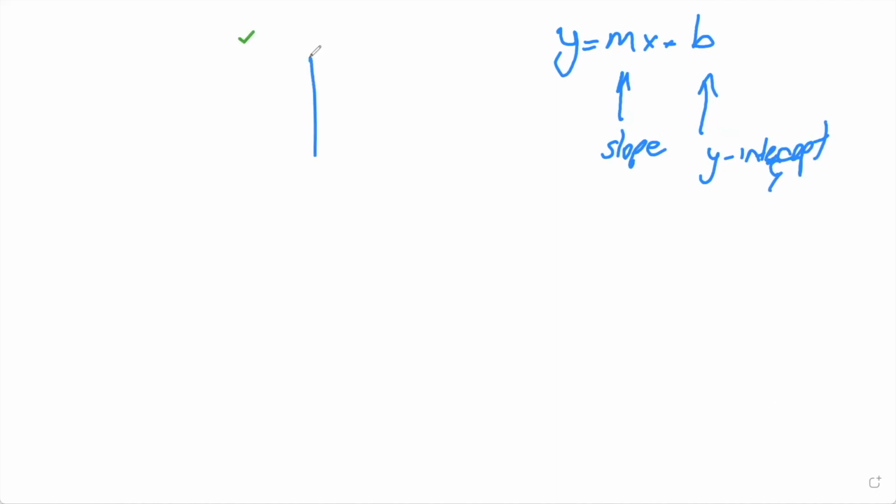When I write y equals mx plus b, this is the slope and this is the y-intercept. When I talk about the y-intercept, I am talking about this line. This is my x and y. Always remember, x is here, y is here.